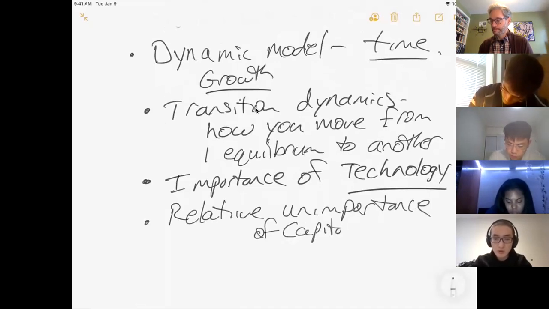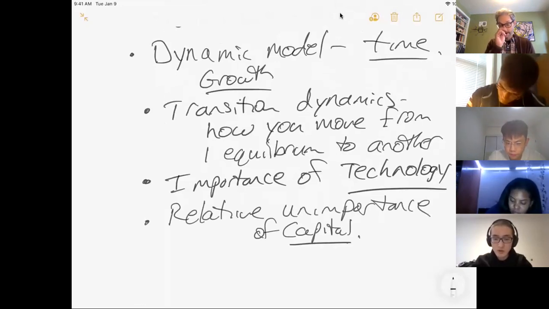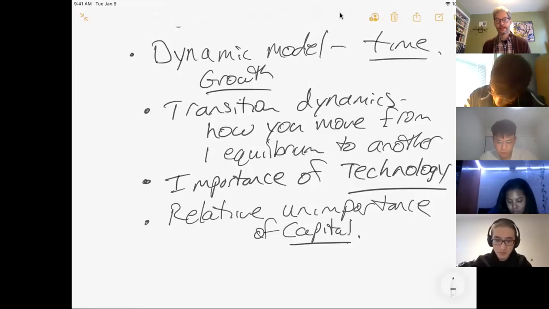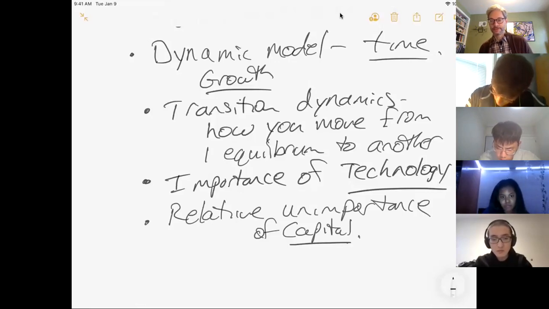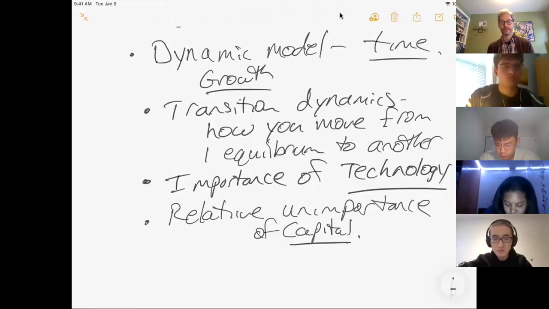And capital, which before the Solow model had been thought about as the most important thing to growth, Solow's going to argue that capital is actually relatively unimportant. And so we'll have to understand this more as we go through the model. But these are a couple of important conclusions to keep at the back of your mind as we go through this, right? That in the end, the Solow model is really going to point to the importance of technology.